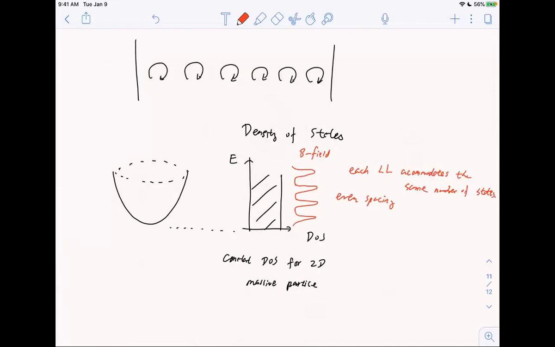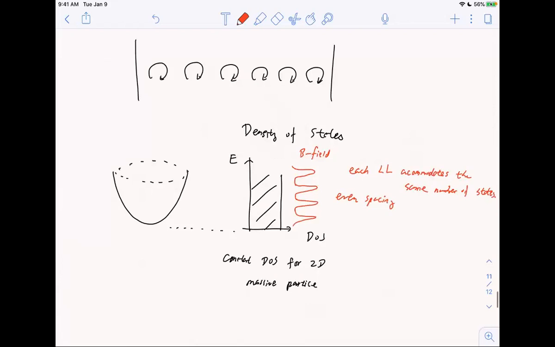So do you understand why they're evenly spaced? Because the density of state is a constant, and each Landau level takes the same number of states. So when you redistribute the density of states into the Landau levels, the energy spacing must be even.